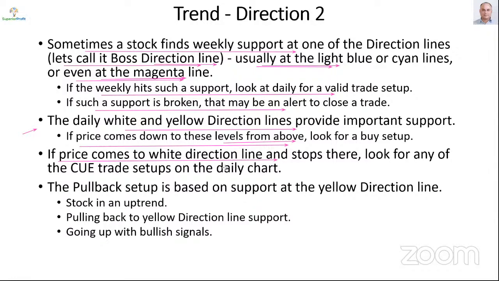Even if it stops there, you may not buy just because price has stopped there. Look for any of the Q trade setups on the daily chart, because price has dropped significantly. The white direction line is used on the daily interval.